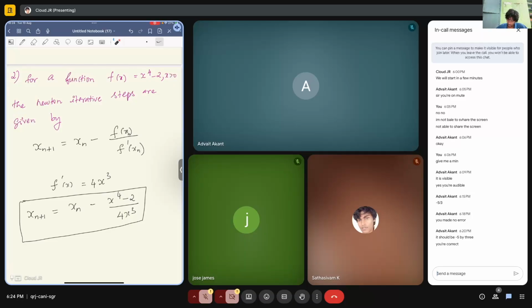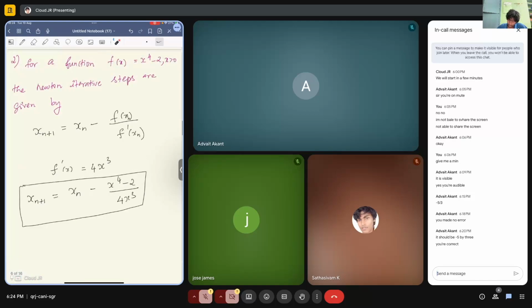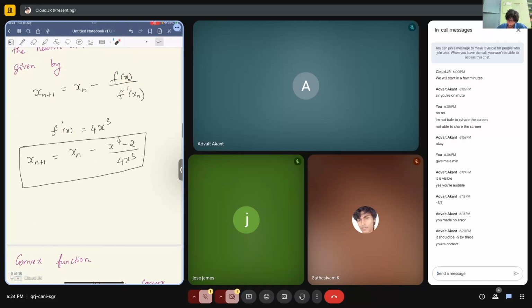But anyway, whatever the roots are, if you have more than 2 roots, let's say you have a function like this, x minus 1 into x minus 2. This is your f of x. Now it has, let's say, 3 roots, but if you start with x naught, it may converge to only one of these roots.